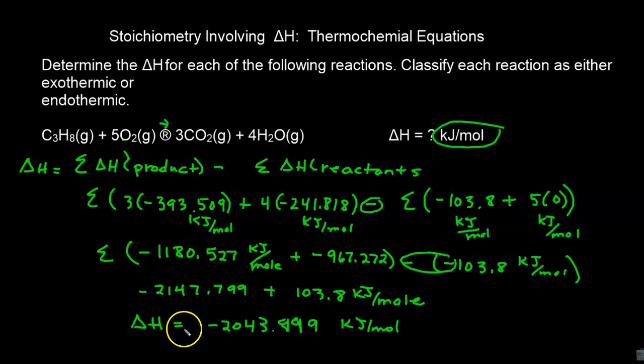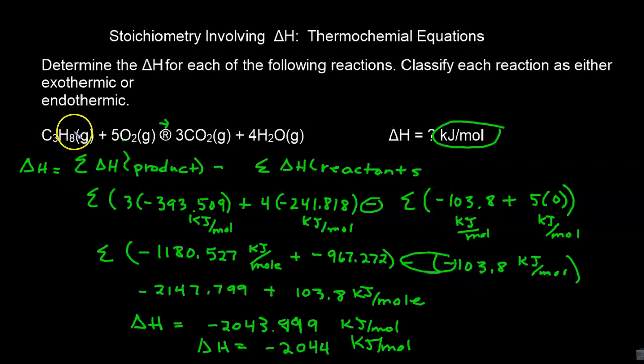Now, I would have to look at the standard practice on that, because I know on our worksheet it went all the time to whole numbers, so I'm assuming for the most part that's going to be a standard practice. If that is the case, we're at a negative 2,044 kilojoules per mole as a final answer for the overall of this equation.